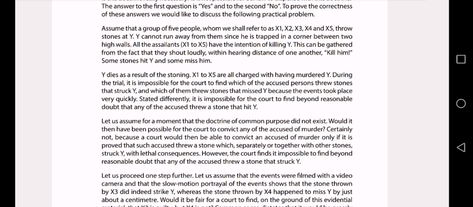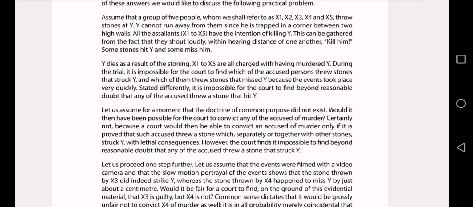X1 to X5 are all charged with having murdered Y. During the trial, it is impossible for the court to find which of the accused persons threw stones that struck Y and which of them threw stones that missed Y, because the event took place very quickly.